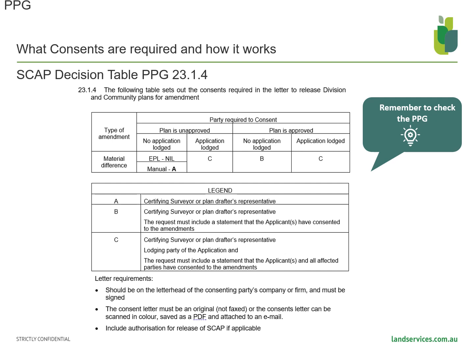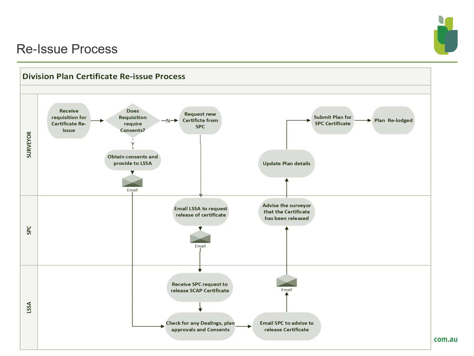The surveyors and the conveyancers and solicitors, the lodging parties, should all be communicating with each other as early in the process as possible to better align the amended plans with any dealings. This flowchart displays the process of SCAP reissue.